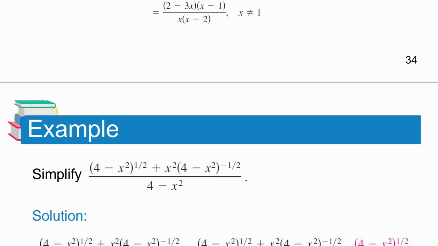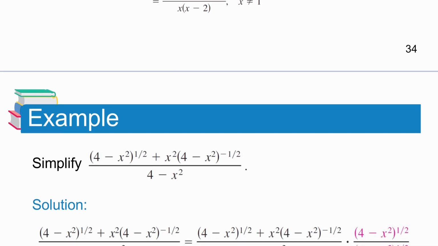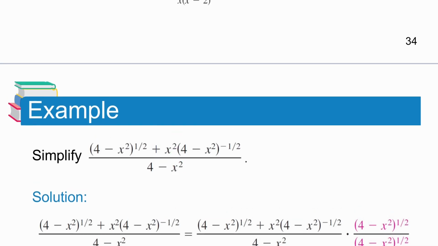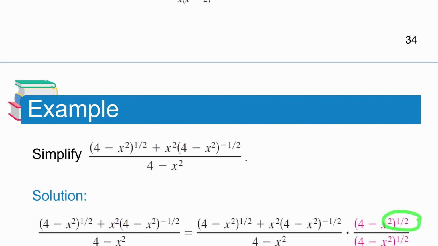And so what they've done is multiply by the same factor to the positive 1/2. Because if I have negative 1/2 and the same factor to the positive 1/2, I add the exponents together, and that'll give me the 0th exponent, which means they really are canceling each other out.